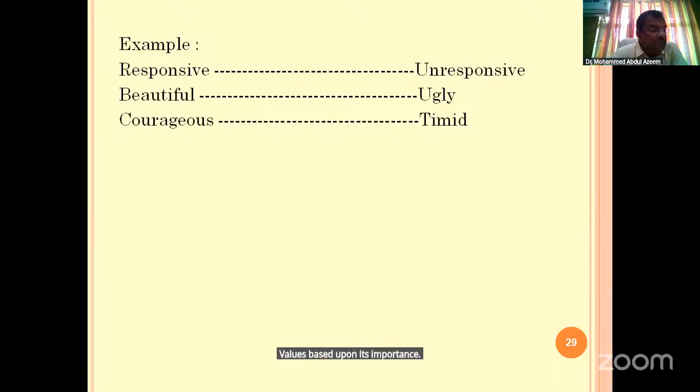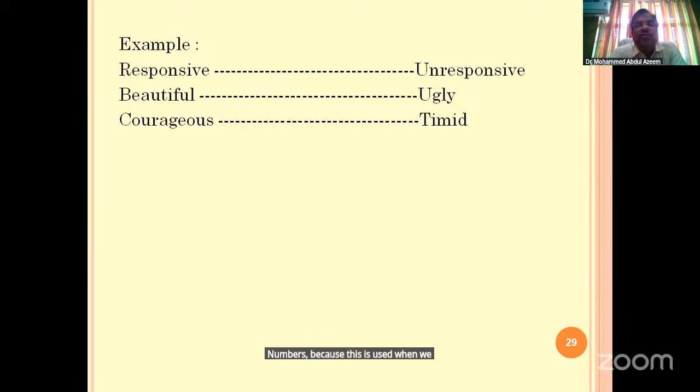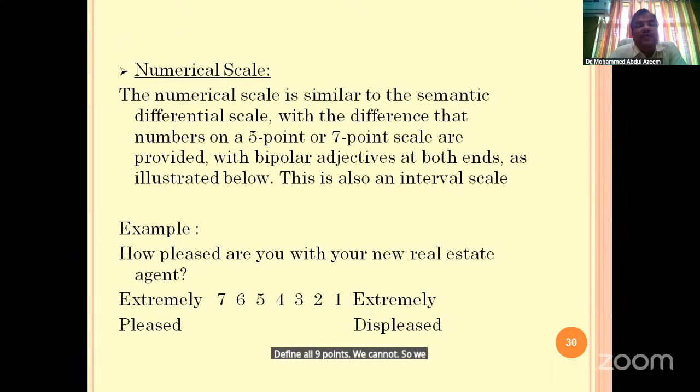Okay. Like this semantic differential, opposites: responsive, irresponsible, beautiful, ugly, good, bad, courageous, timid, rich, poor. In between, we give numbers because this is used when we are not in a position to define each variable. Suppose there is a 9-point scale, you need to define all 9 points. We cannot. So we use these kinds of things.